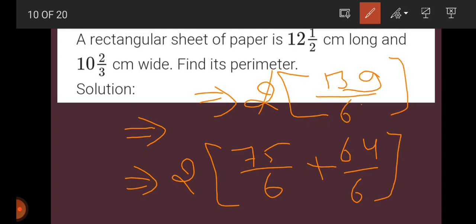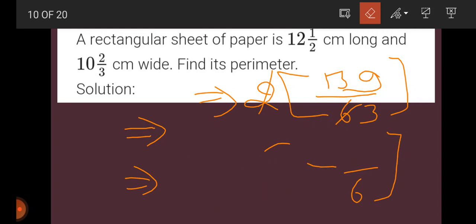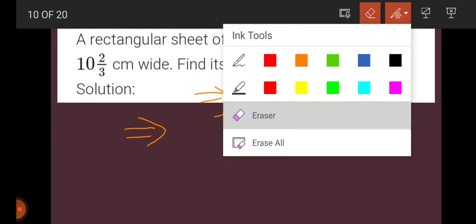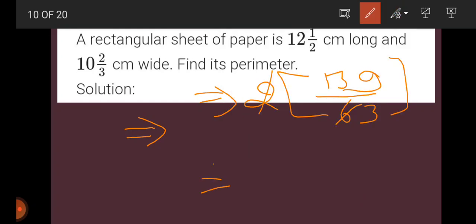Then 2 times 3 is 6, it is cut by this digit. So we first solve, and now what do we get as the answer? Now the remainder is 139 by 3, but it is not the answer.